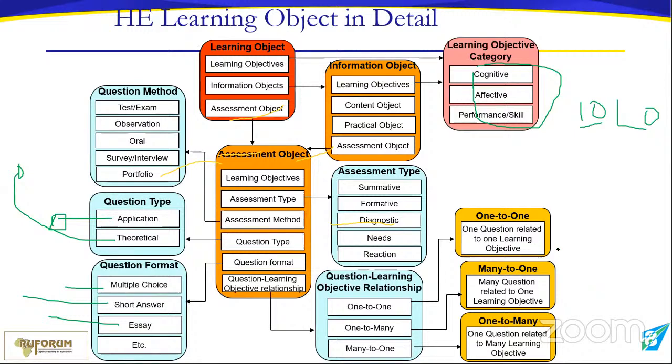Then you can have a one-to-many. So I can ask very many questions related to only one learning object. I have a learning object called Introduction to Computing, and I say question 1, types of computers. Question 2, discuss the history of computing, and so on. So I'm asking many questions, but they're all related to only one learning objective.